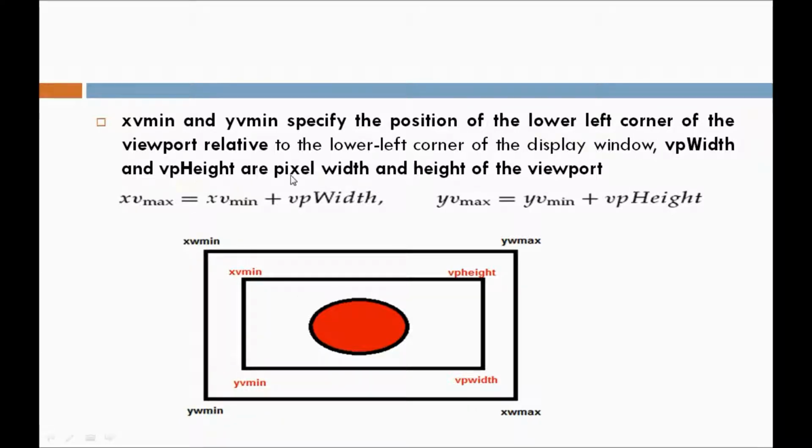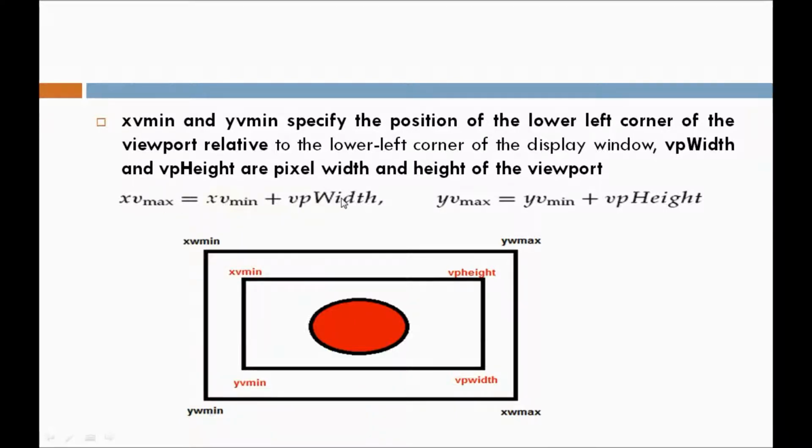VP width and VP height are the pixel width and height of the viewport. I told you already, VP height is the height of the viewport and VP width is the width of the viewport. And one more important thing: instead of VP height and VP width, if you want to represent height and width in the form of XV max and YV max, you can do that with a formula.